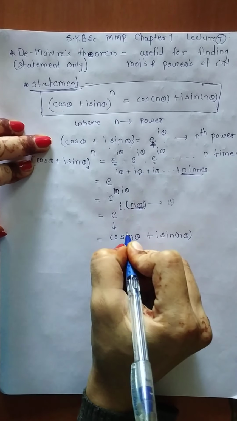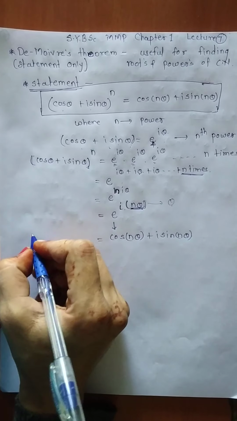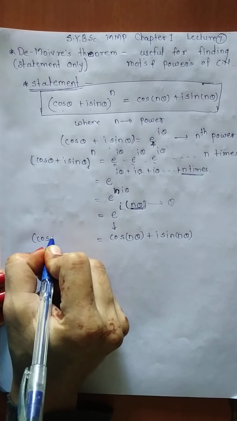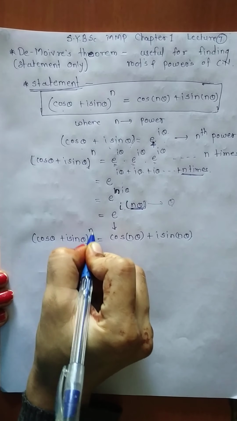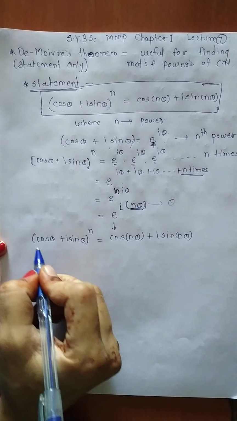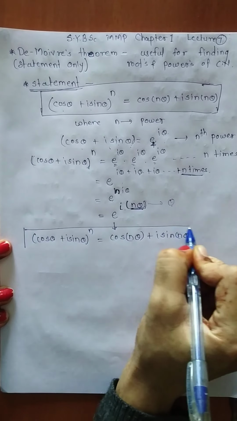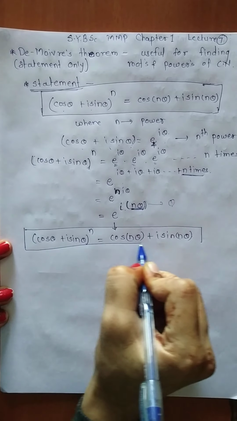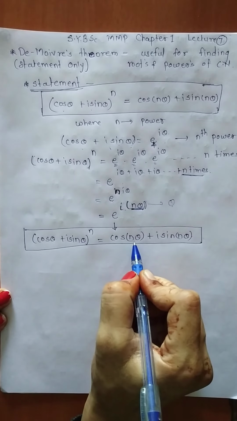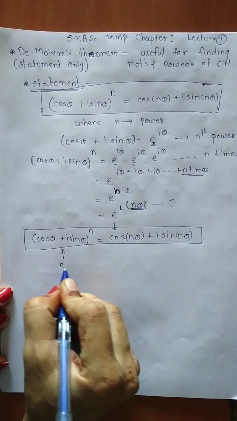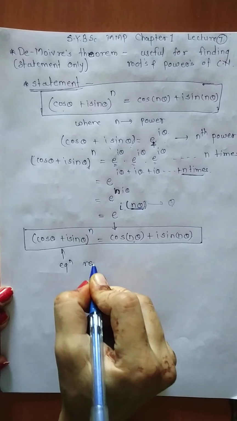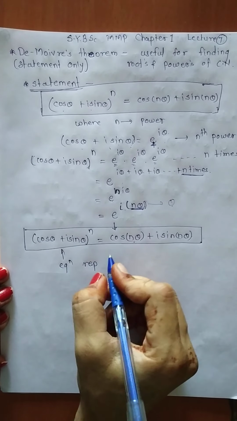So this is a simple proof of De Moivre's theorem: cos theta plus I sin theta, when its power is n, is written as cos n theta plus I sin n theta, and this equation represents De Moivre's theorem.